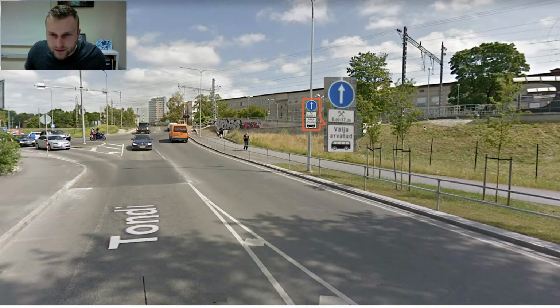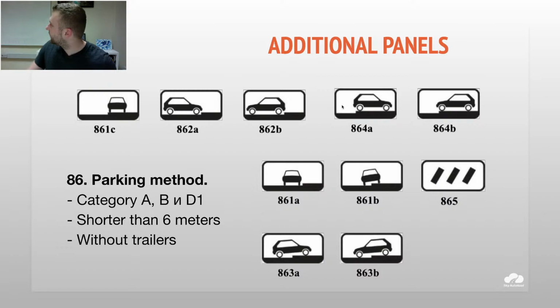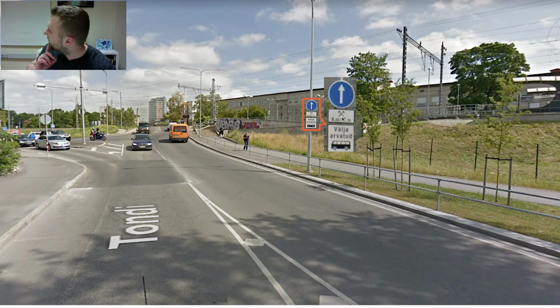Let's try to see this picture correctly. Do you see it, by the way? All clear? Yeah, nice. So here we have a combination of additional panels actually. It means mandatory straight.